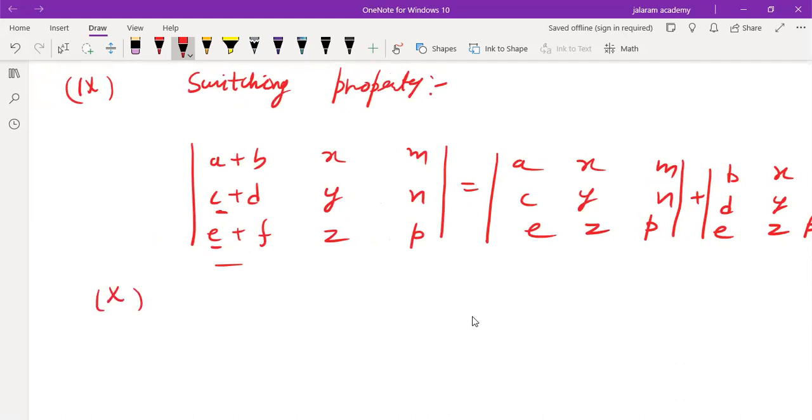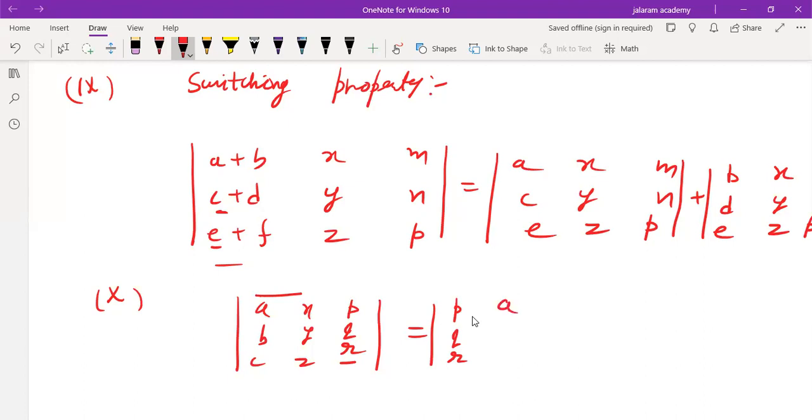And one more very important property. If any row or any column is crossed, means this P, Q, R is written first and the other two are shifted back, we have to multiply the determinant by minus 1 to the power of the number of columns or rows it has crossed.